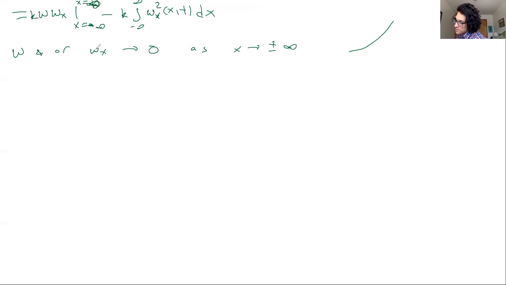So you need this additional condition on the limiting behavior of W and W_x out at infinity.